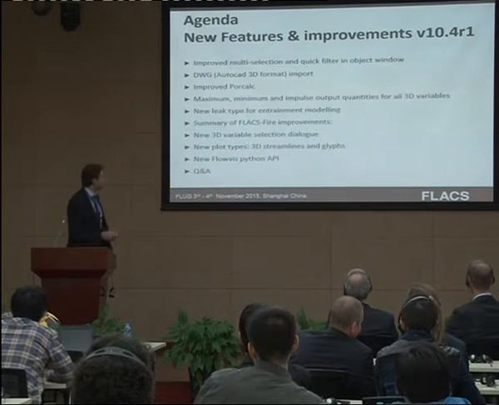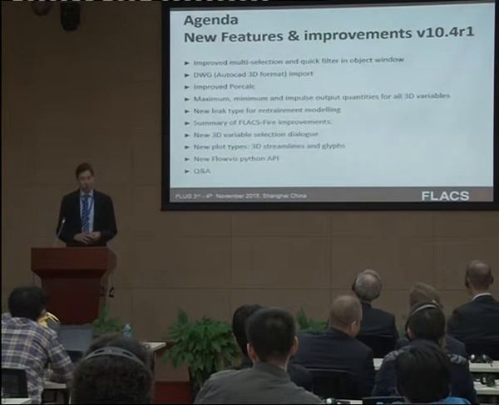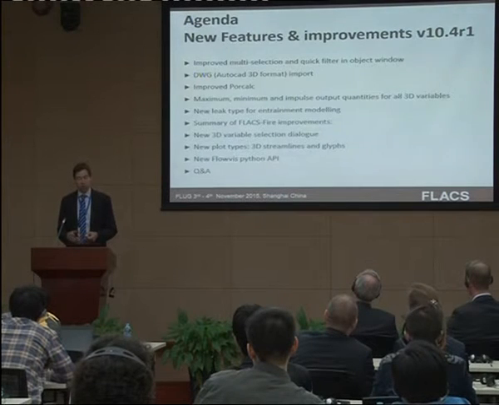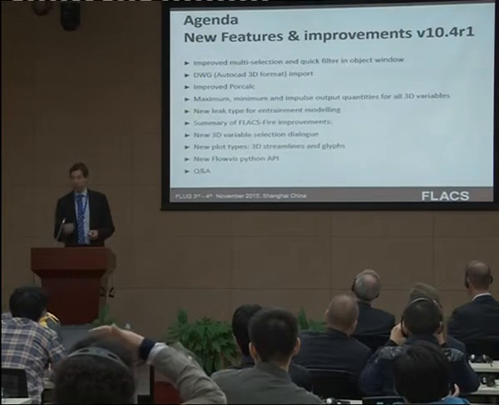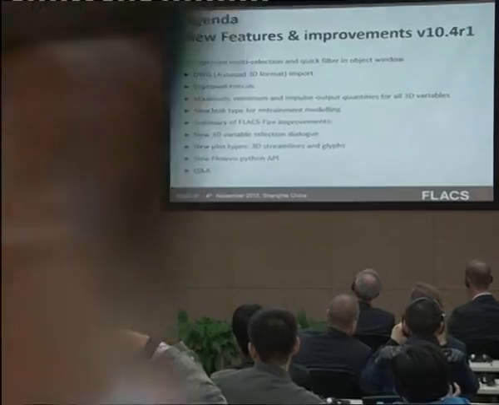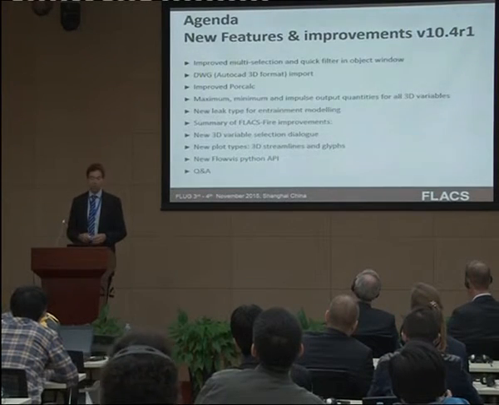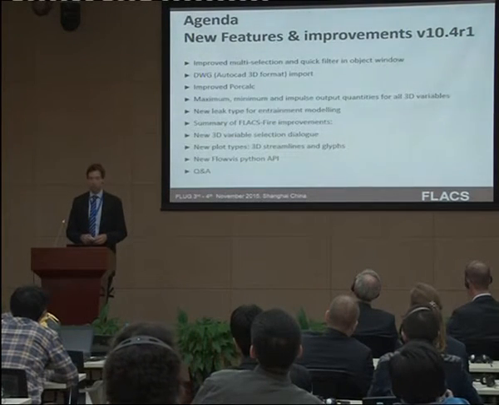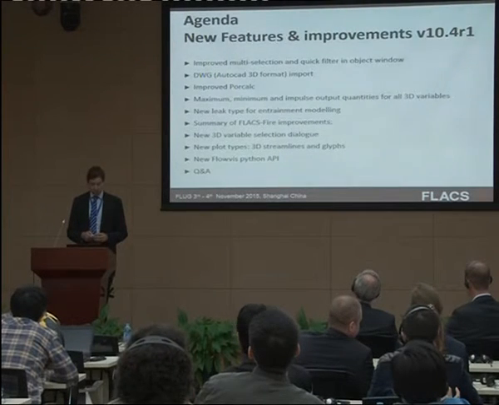Here is a summary of some of the new stuff in the new version. One of the things is a multi-selection and quick filter in the object window. For all these, I'll show you videos of how this works, but this is just a quick summary. We added AutoCAD 3D import. Before we just had MicroStation import, and now you can also import AutoCAD files. We've improved PowerCalc.